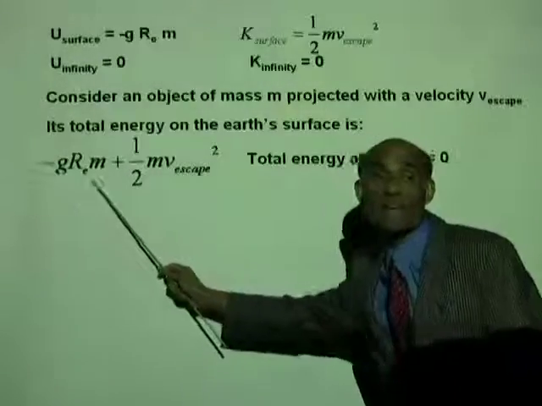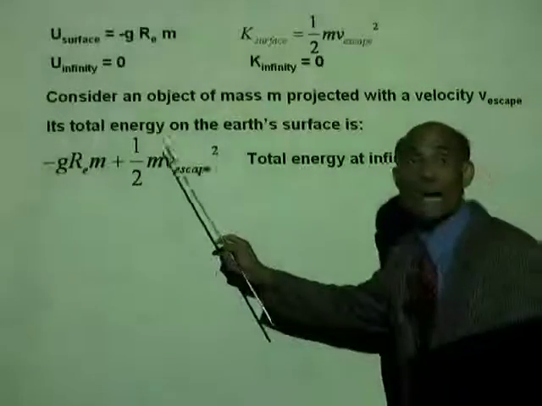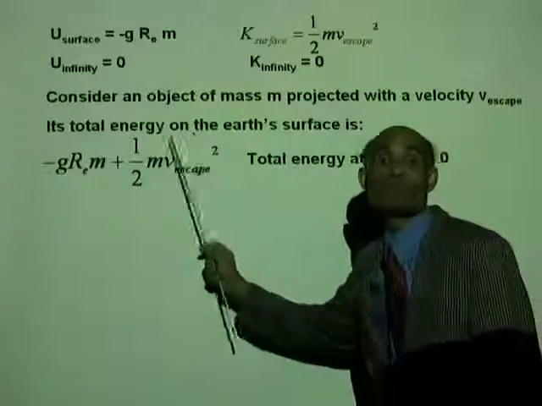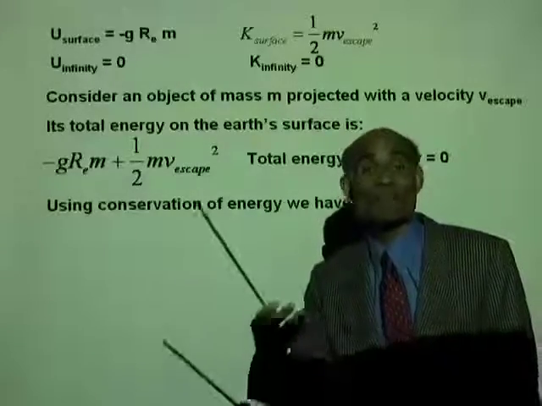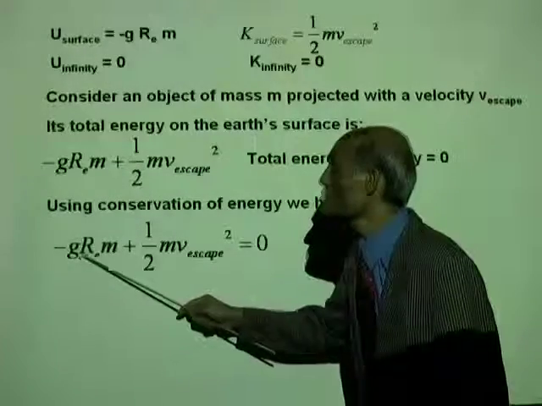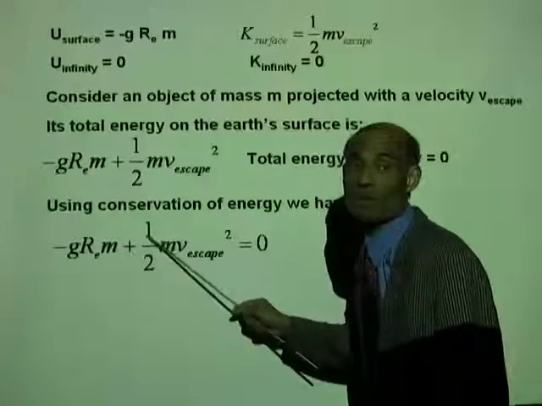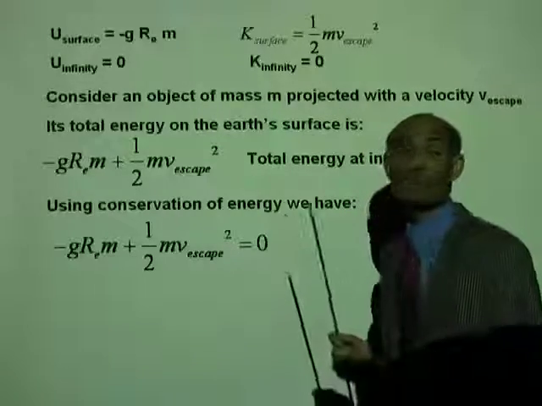So we will now take this quantity and set it equal to 0 and solve for V escape. A neat way to get an equation for the escape velocity. So we have negative g R_E M plus 1/2 m V escape squared equal to 0.